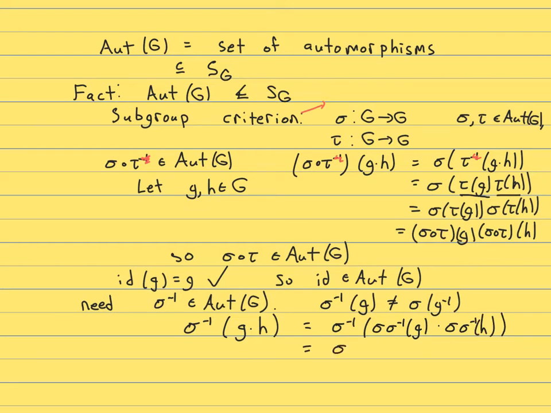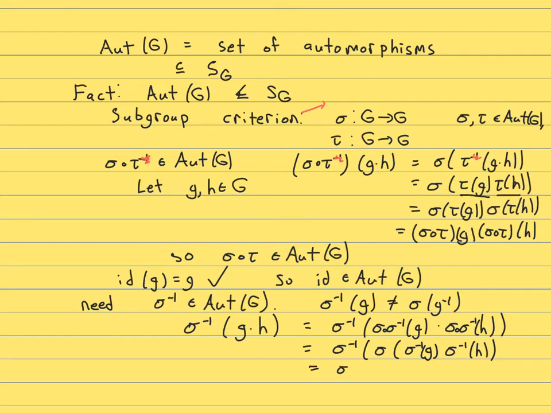Then you use the fact that sigma is a homomorphism to replace these two sigmas with one sigma.